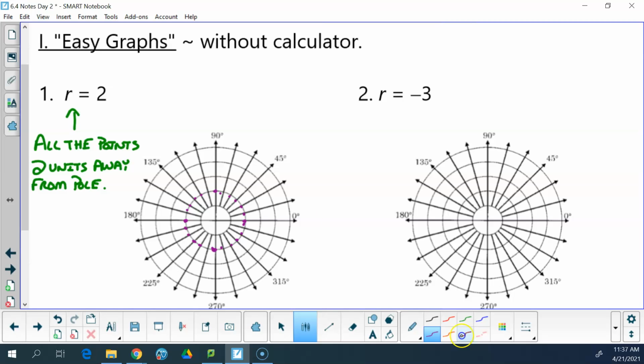So these r equals constant graphs produce circular graphs in a polar coordinate system.